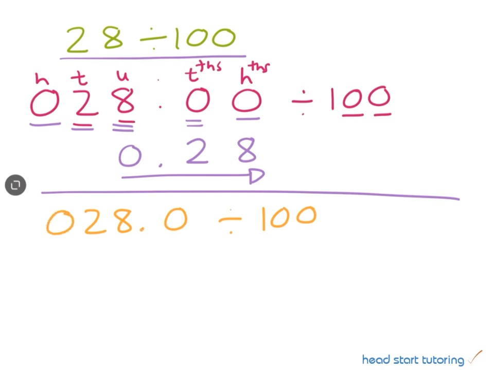Let's take our decimal point, and because 100 has 2 zeros, we move 2 place values to the left, even though we actually know that it's the 2 and the 8 that are moving to the right by 2 places. So as you can see, we get exactly the same answer, 0.28.